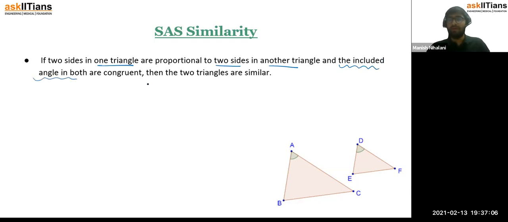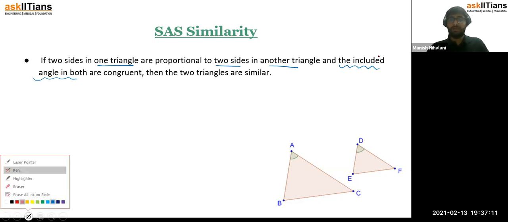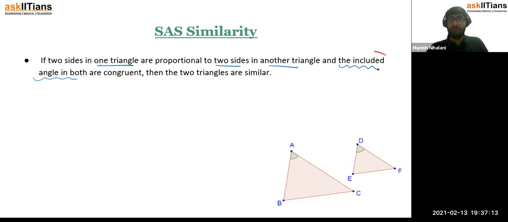Now what do we mean by included angle? This is a very important word in this statement, the included angle, because if two sides in one triangle are proportional to the two sides in another, then an included angle, so two sides in one triangle, which means here your AB and DE could be in same proportion with AC and DF, right? So this is your AB and DE, this is your AC and DF.